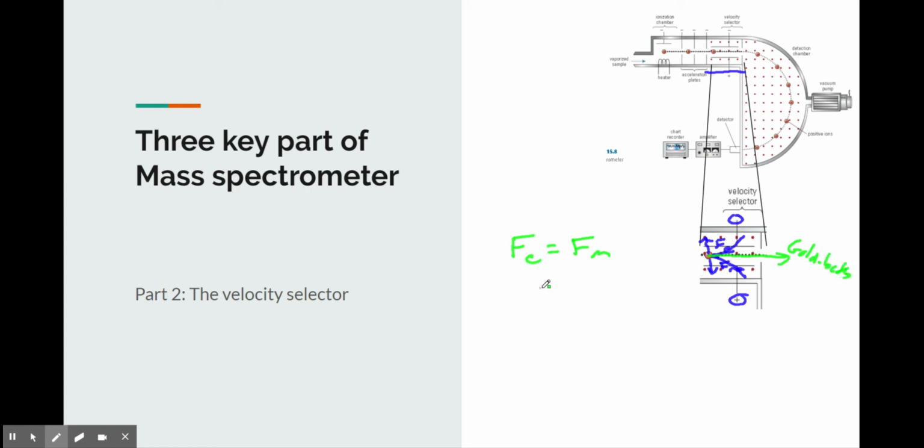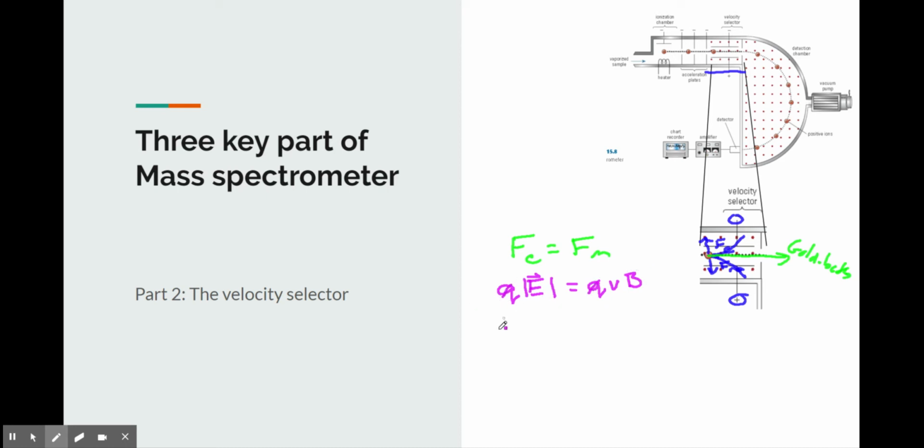Because check it out, what happens with the mass in this velocity selection region. Remember that the force acting on a charged particle in an electric field is going to be equal to Q times E, so that's charge times the electric field. That should equal the magnetic force, which is QvB, where B is the magnetic field strength.